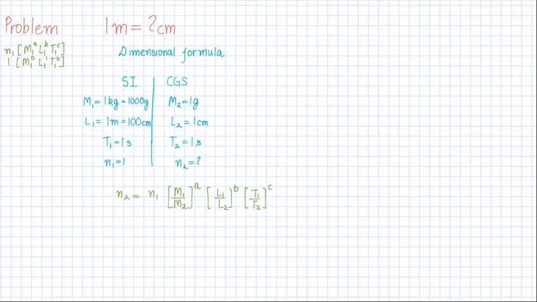What will be the dimensional formula for 1 meter? Do you see any unit for mass? This is meter, not mass. You don't see any unit for mass, so M to the power 0.